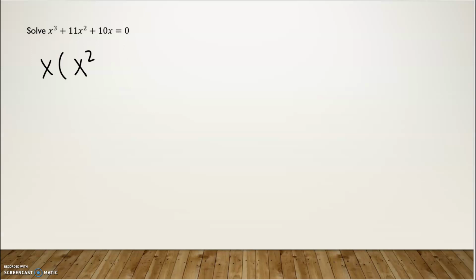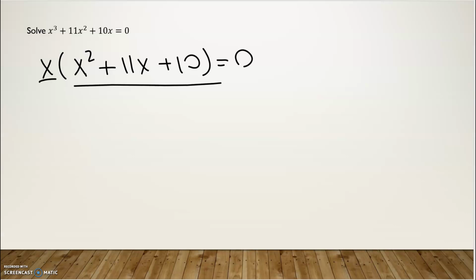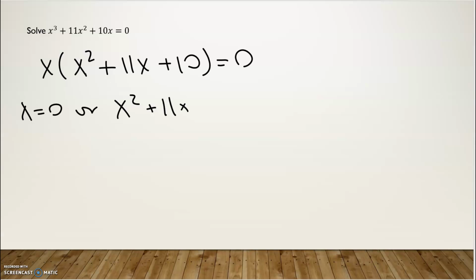I'm left with x squared plus 11x plus 10 is equal to 0. Now notice I've got x times this whole thing. So I have two algebraic expressions multiplied together and they equal 0. So I can set both of these equal to 0. So x equals 0 or x squared plus 11x plus 10 equals 0.